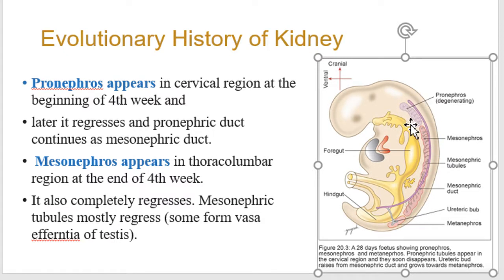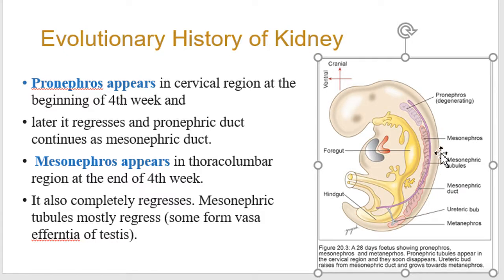In the human being, the pronephric kidney, its tubules and duct, disappear. The pronephric kidney persists in the cyclostomes. In the mesonephros, there is development of the tubules and the mesonephric duct, and the tubules are connected with the duct.